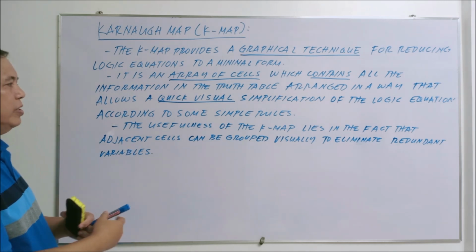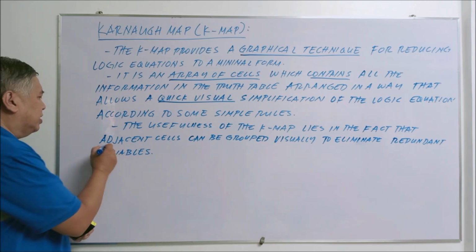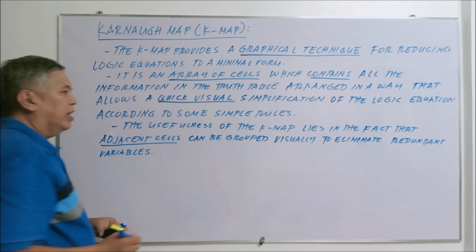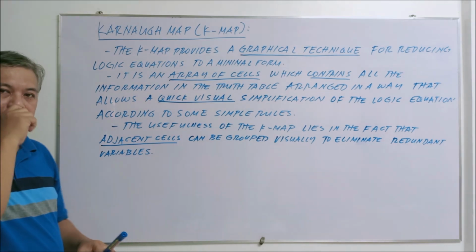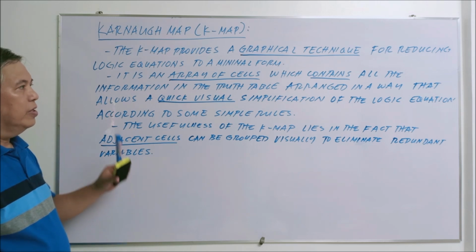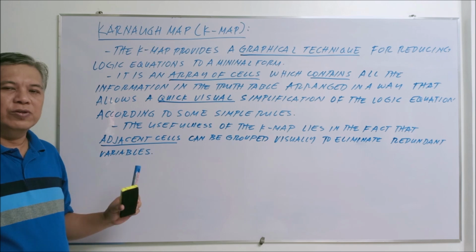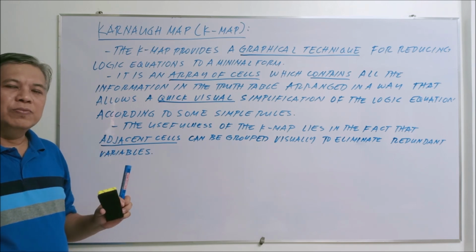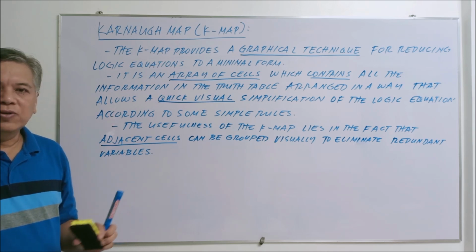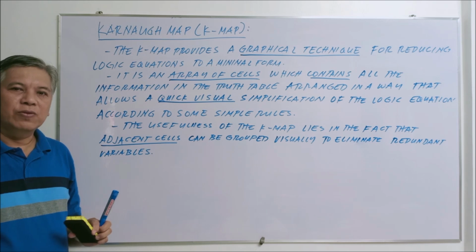Now, the usefulness of the K-map lies in the fact that adjacent cells can be grouped visually to eliminate redundant variables. So, we make use of the K-map in simplifying an equation, regardless of whether it is in the form of a sum of product equation or in the form of a product of sum equation.